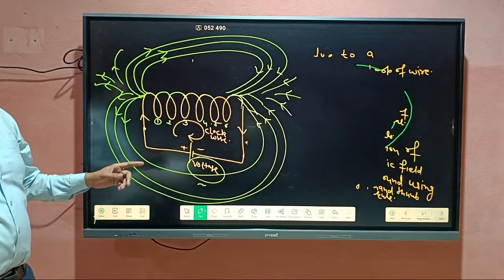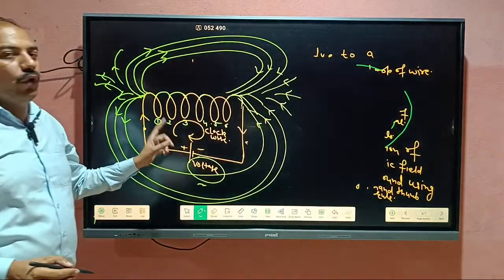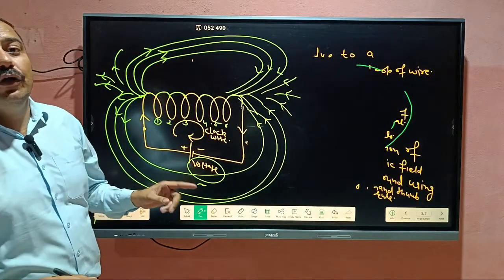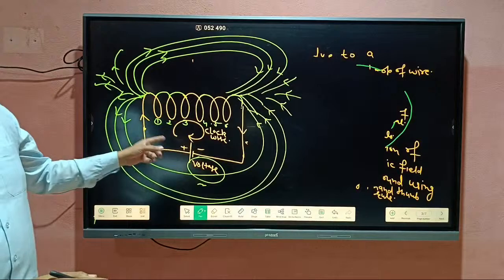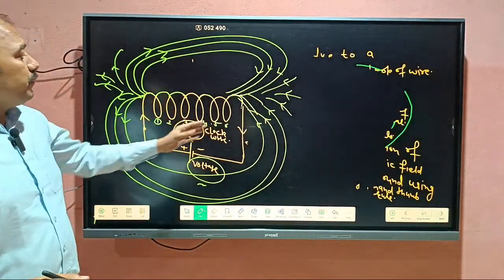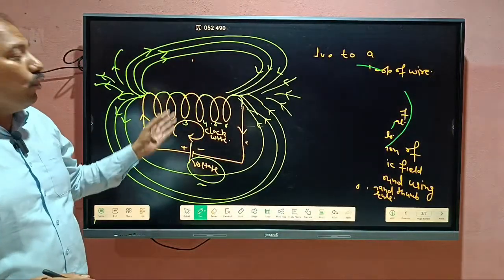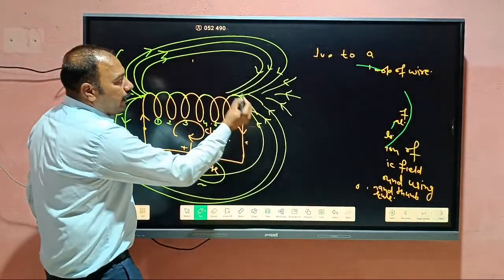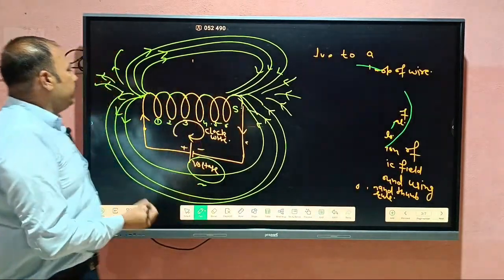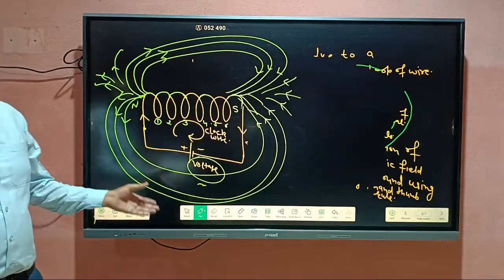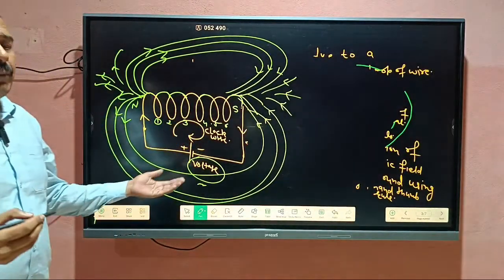This is the pattern of the magnetic field due to the solenoid. So here we studied the magnetic field pattern due to a magnet, and second, what a solenoid is. The question is, which end of the solenoid is the north pole and which end is the south pole? Here this end acts as a south pole, and this acts as a north pole. So this pattern is similar to a simple magnet.